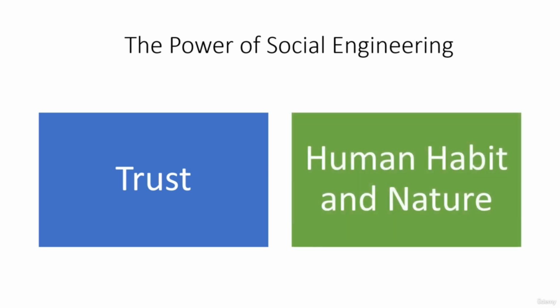The second one is human habit and nature. Human beings tend to follow certain default habits and actions without even thinking. Like people take the same route to work every single day, even for me, this applies, and say the same thing and take the same action without even a second thought.